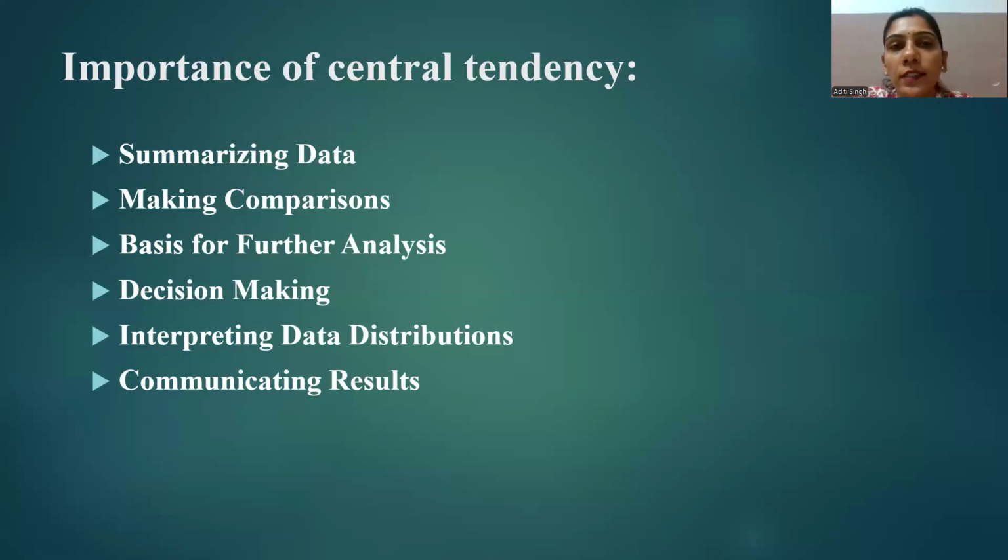Central tendency and dispersion measures both give a more complete picture of the distribution of data, which enhances the interpretation of statistical findings we get from a large group of data sets. And the last point is communicating results.